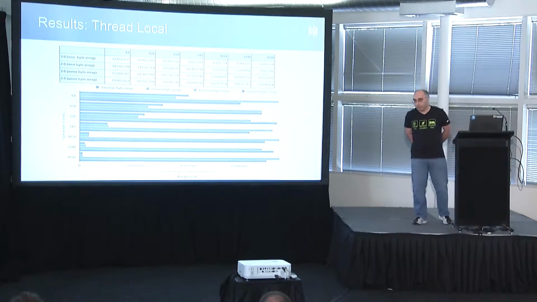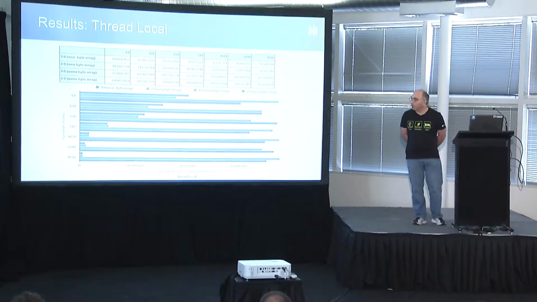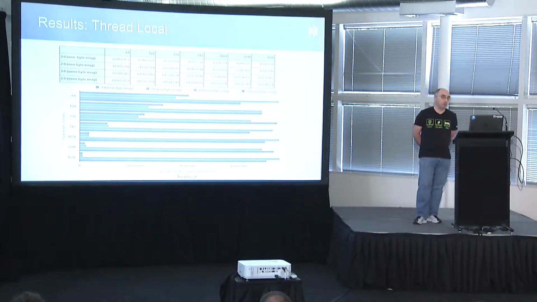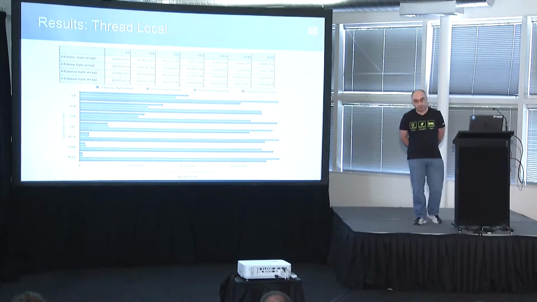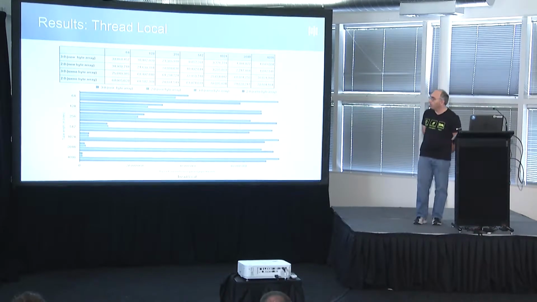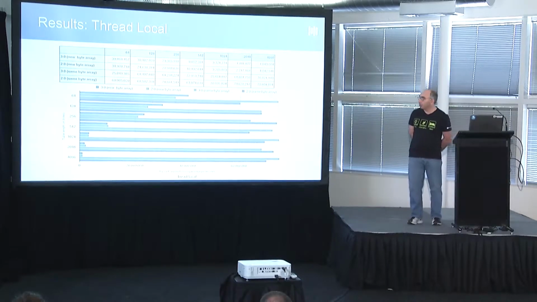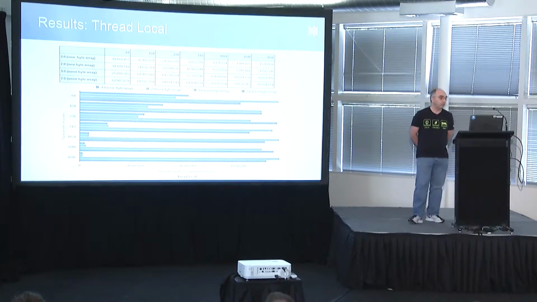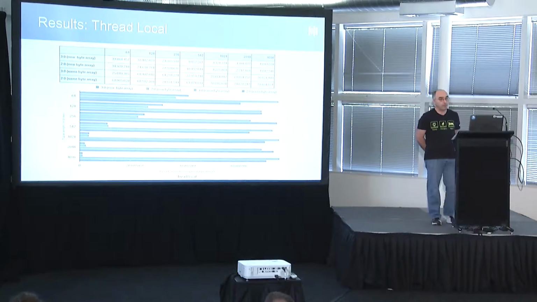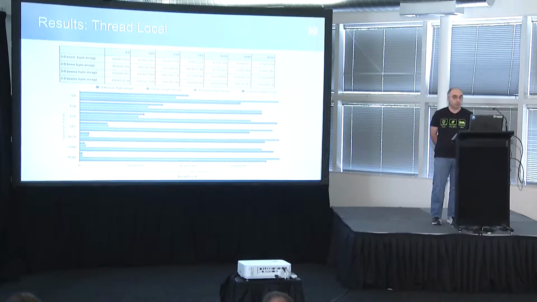So this is the result of running that application on 2 versions of Apache Apex. There is no partitioning, no shuffling involved, and that is basically what thread local means.